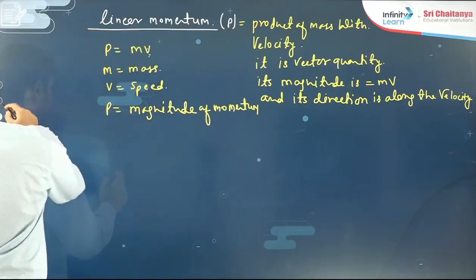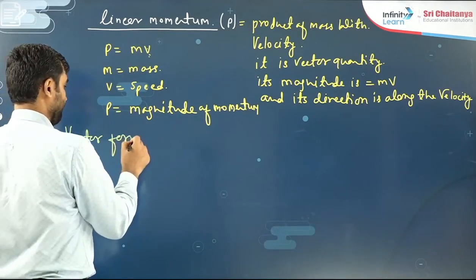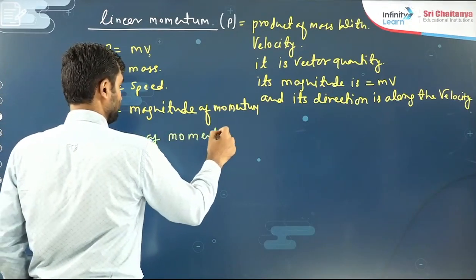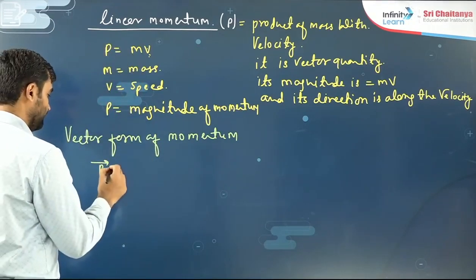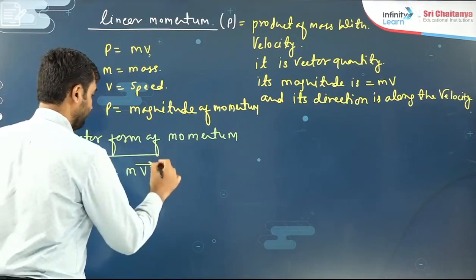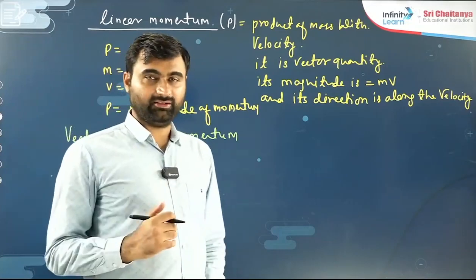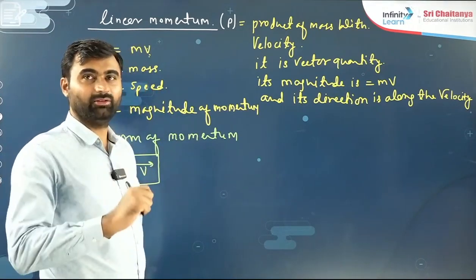Understand that one also. Vector form of momentum. We write it like this: P vector equal to m times v vector. This is the vector form. Now in this vector form, if you ask, sir, what is v? This is now velocity.